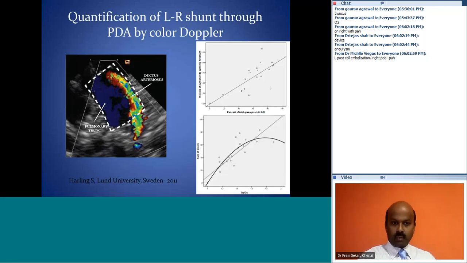Harling S in 2011 published a nice paper where the maximal color distribution in diastole in a parasternal long axis view was taken.